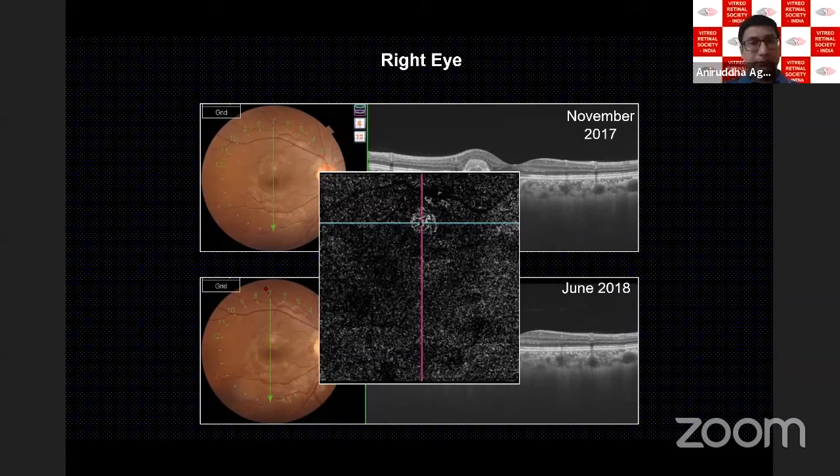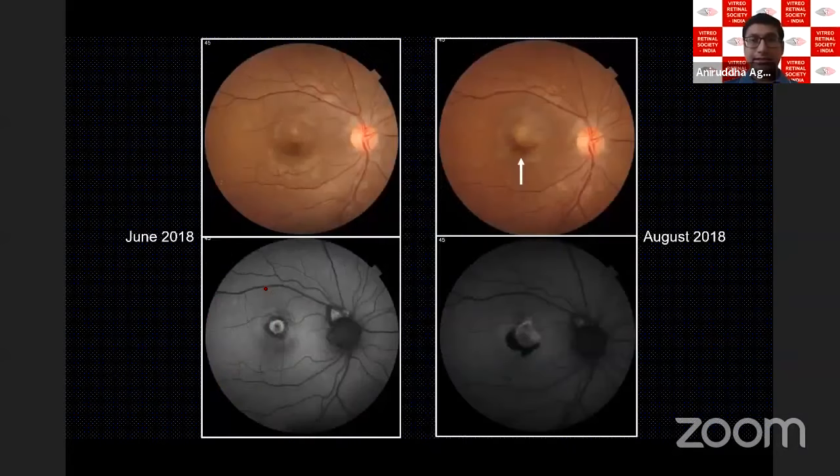Moving further, from June 2018, just a couple of months later, in August, this patient comes with a hemorrhage. This is a very important clinical sign, where you have a hemorrhage associated with the lesion and a drop in visual acuity. Of course, the first thing you would like to rule out is the presence of an underlying membrane.